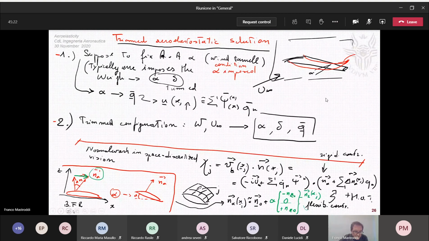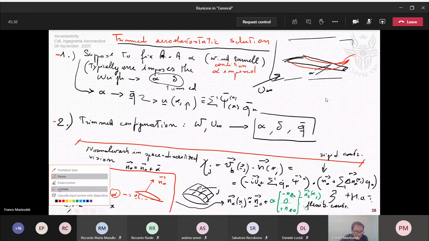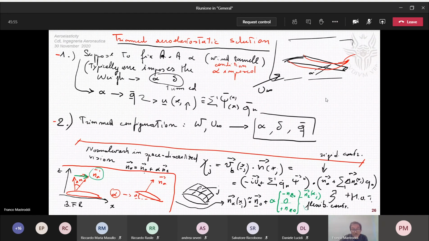We have that the rotated vector is equal to the unrotated one plus alpha, not a vector, excuse me, the alpha angle of attack, by the n1 vector, where the n1 vector is a vector orthogonal to n0 in the y equal to constant plane.